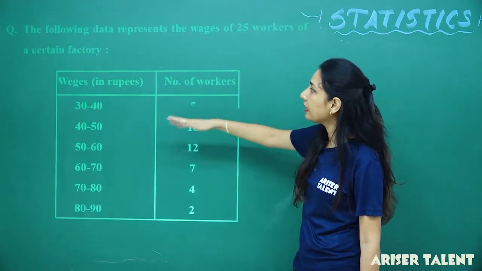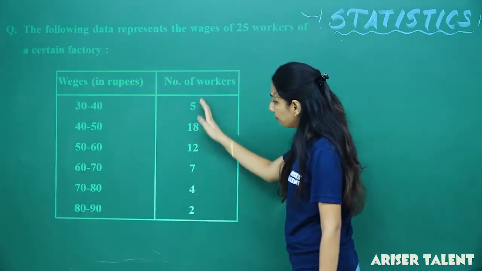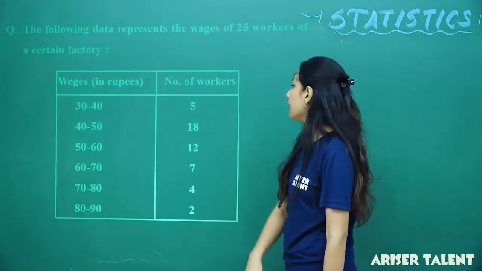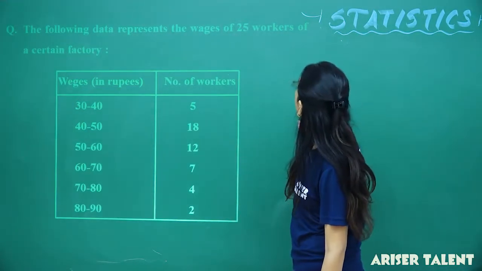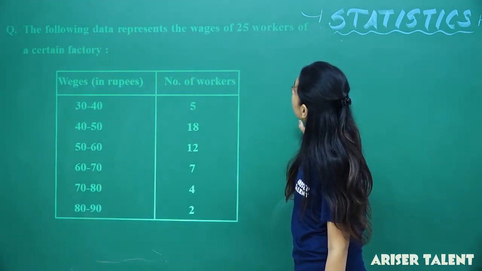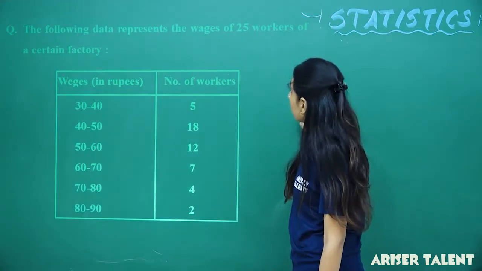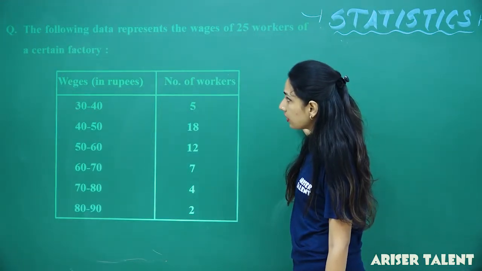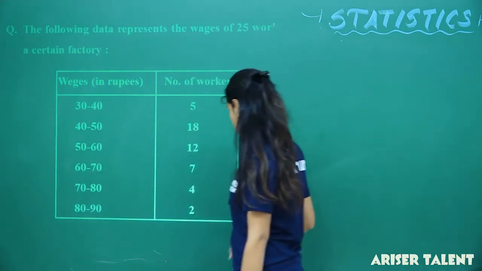Number of workers getting wages from 30 to 40 is 5. Wages in rupees, 30 to 40, there is some change in the question.